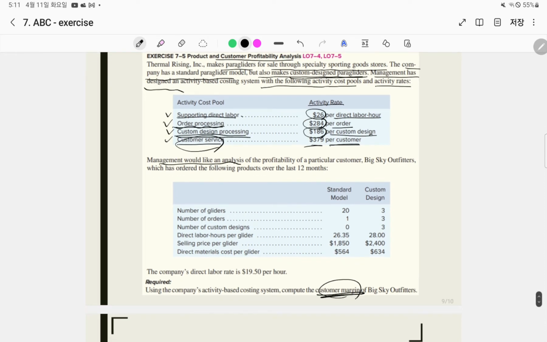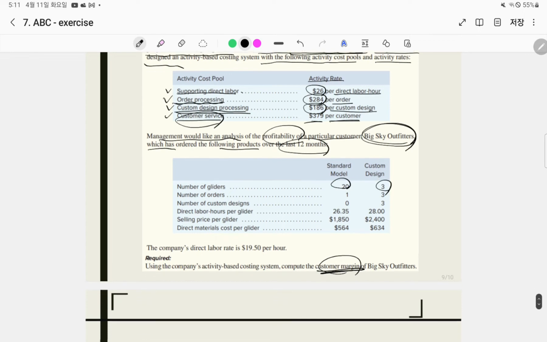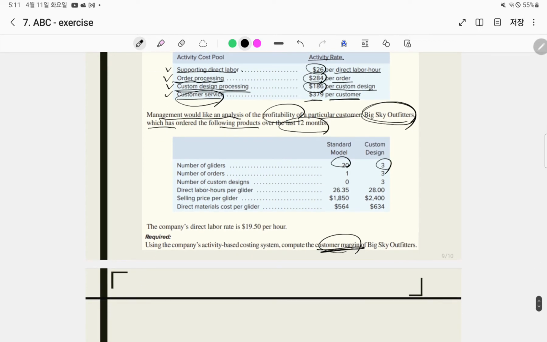So management would like an analysis of the profitability of a particular customer, Big Sky Outfitters, which has ordered the following products over the last 12 months. During the last year, they ordered 20 standard model gliders and 3 custom designed gliders. Number of orders, one order for standard model and 3 orders for custom design.